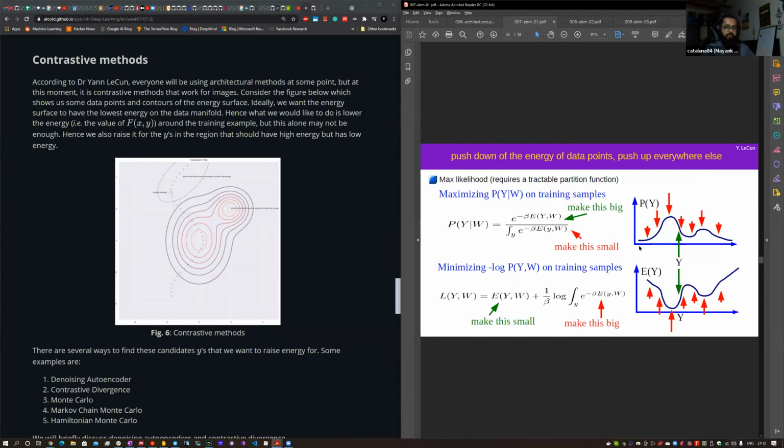So that's vice versa, such that we minimize this on the training samples. This is an intuitive understanding of how we go from this to this.